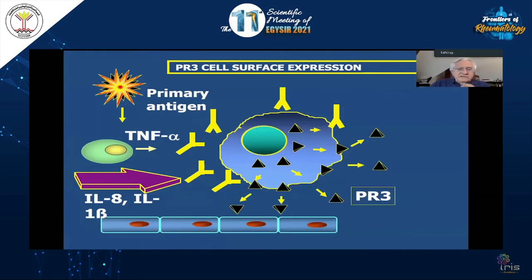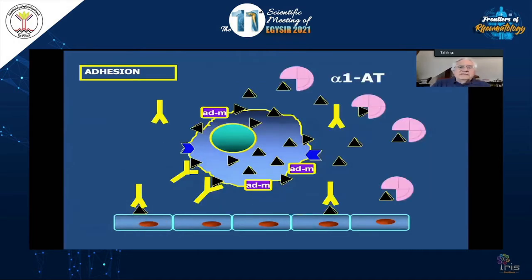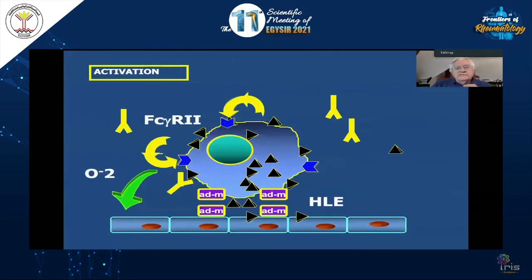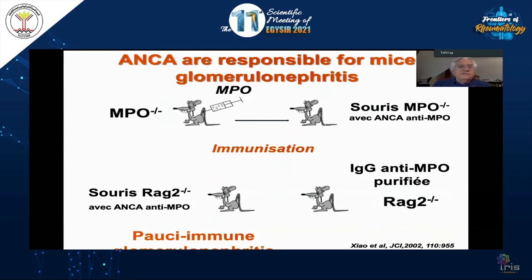This has a consequence to produce antibodies to the PR3, and this antibody, with the help of adhesion molecules, creates a very strong adhesion of the polynuclear cells to the endothelium, and after some activation with oxygen radicals and Fc gamma receptor, there is a destruction of the endothelial cells, and the pathogenesis is very present to induce vasculitis.